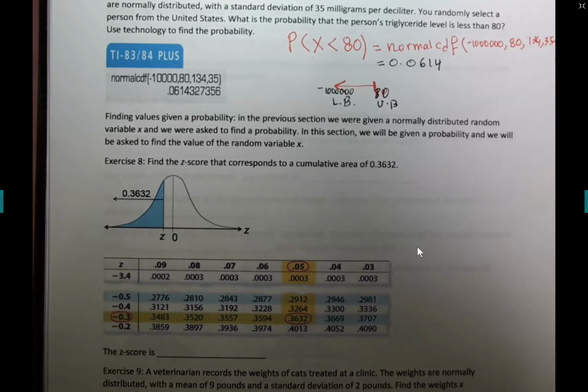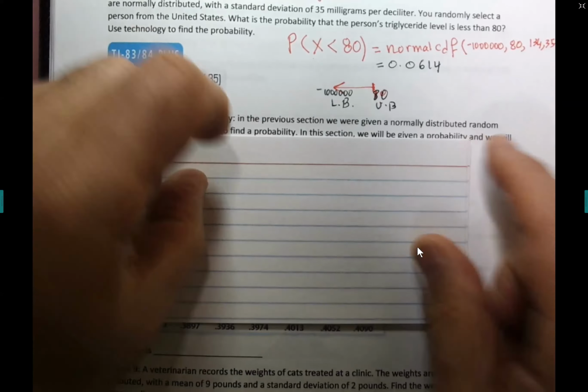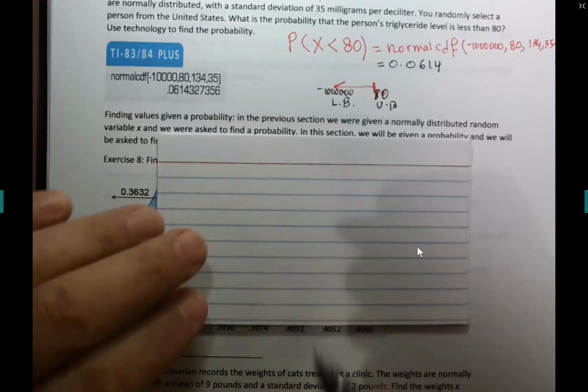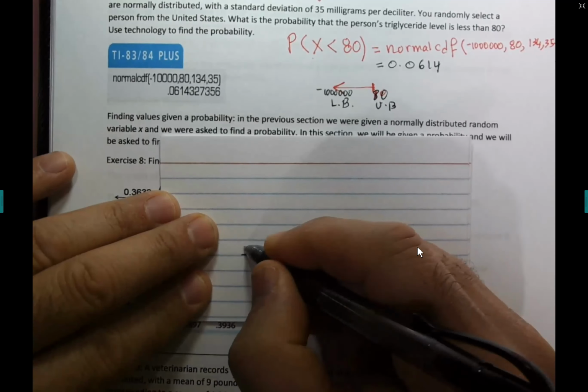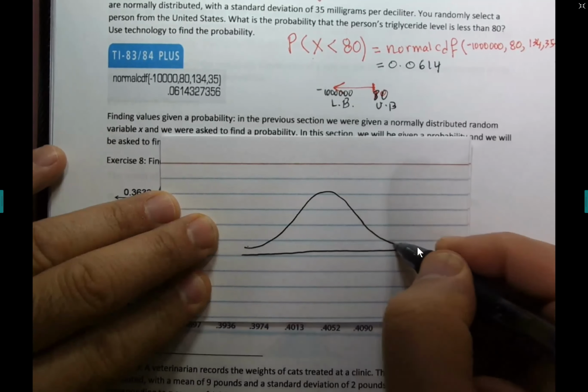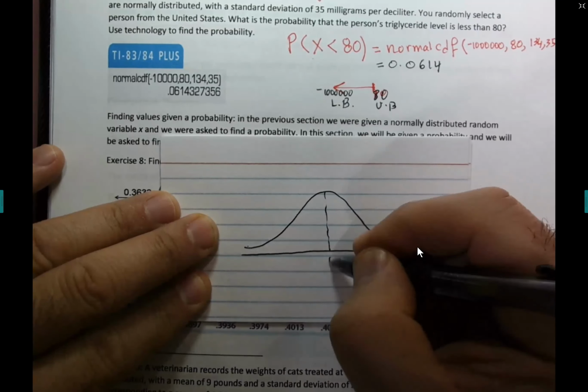Next, let me explain what we're going to do next, and that's going to be a segue to section 5.3. Please pay attention to this. There's a normal curve. It's Z. So we have a 0 and 1 here.